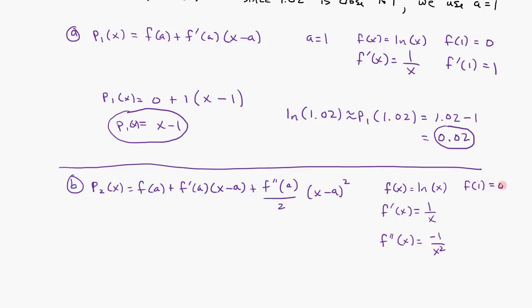F of 1 is again equal to 0. F prime of 1 is equal to 1. And f double prime of 1 is minus 1 over 1, which is equal to minus 1. And so I'm plugging everything into the Taylor polynomial. P2 of x is 0 plus 1 times x minus 1 plus minus 1 over 2 times x minus 1 squared.